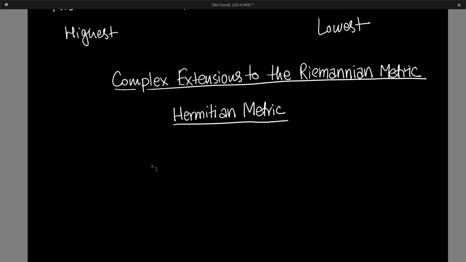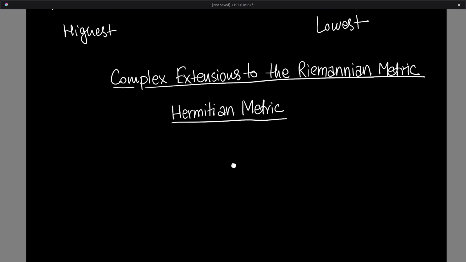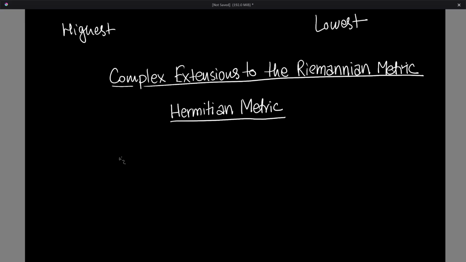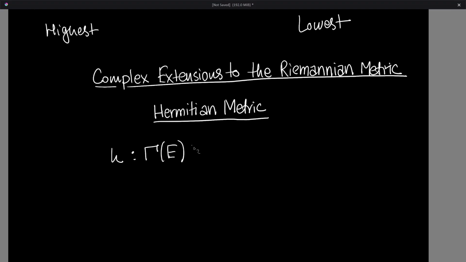So let's define a Hermitian metric and we'll see how it differs. A Hermitian metric H is a map from the smooth sections on E times the smooth sections on E to C, right? And you might say, why didn't we just call this a covector field?